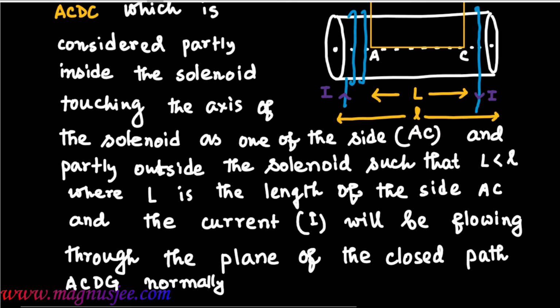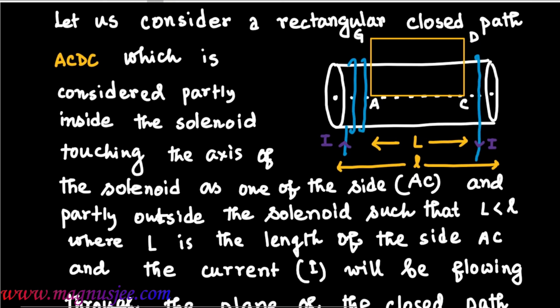So in the diagram we have this type of turns passing through the plane of the rectangular closed path ACDG, and P is a point on the axis of the solenoid, and at P magnetic field B will be acting along the axis. These are the turns.